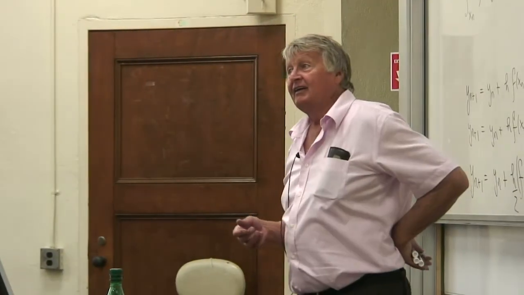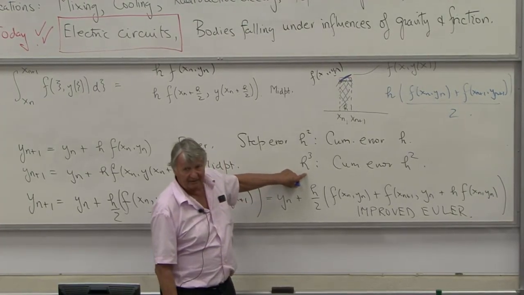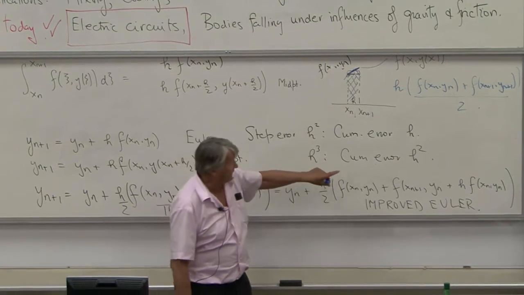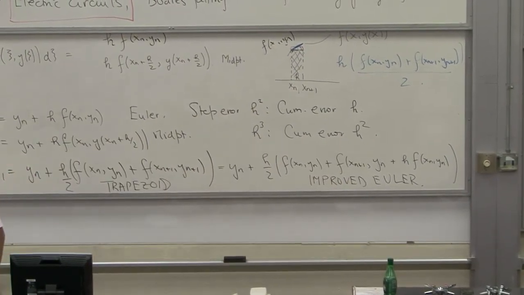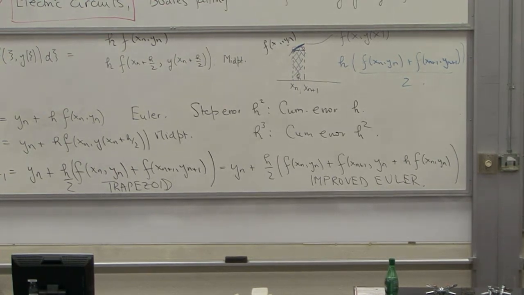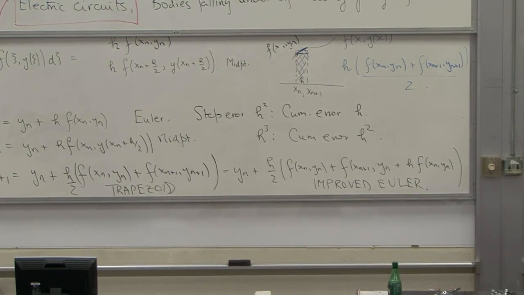By taking various combinations in the correct way, you can finally find a scheme whose stepwise error is h to the 5th, and its cumulative error would be h to the 4th. That's called RK4 in your software program.